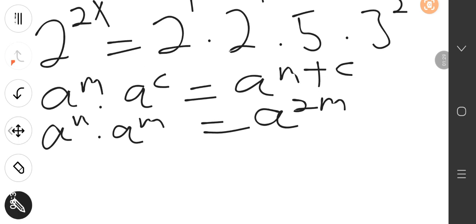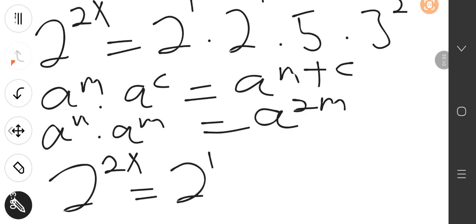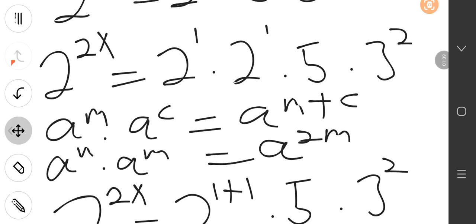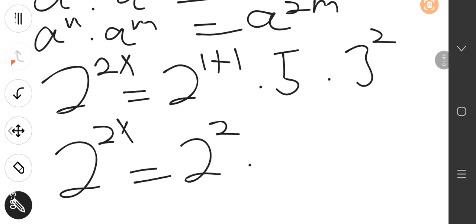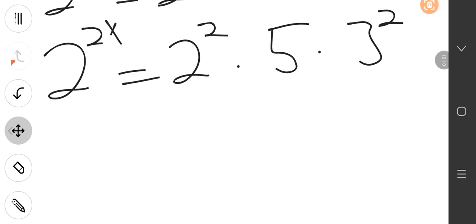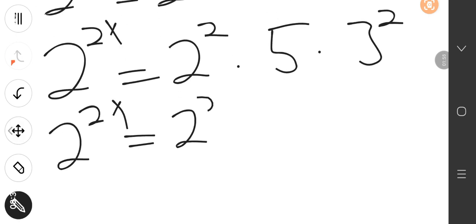So our equation becomes 2 exponent 2x equals 2 exponent 1 plus 1 multiplying 5 times 3 squared. All right, so we are going to have 2 exponent 2x equals 2 exponent 2 times 5 times 3 squared.